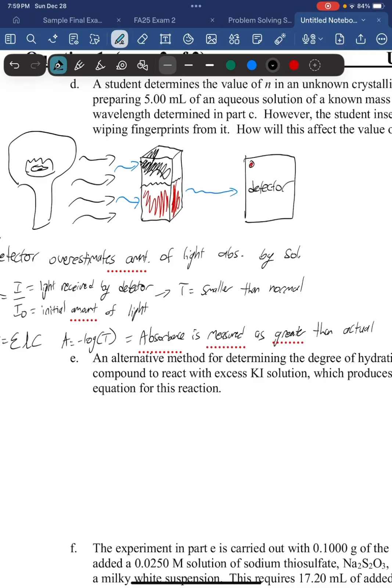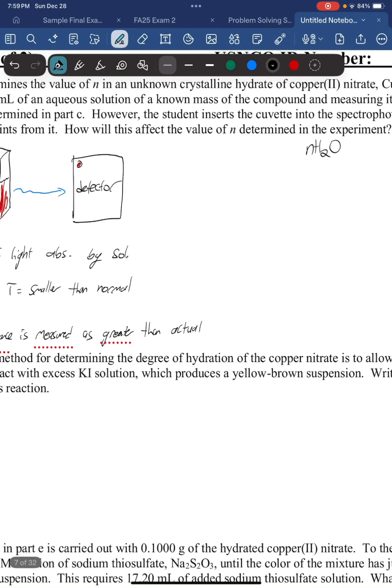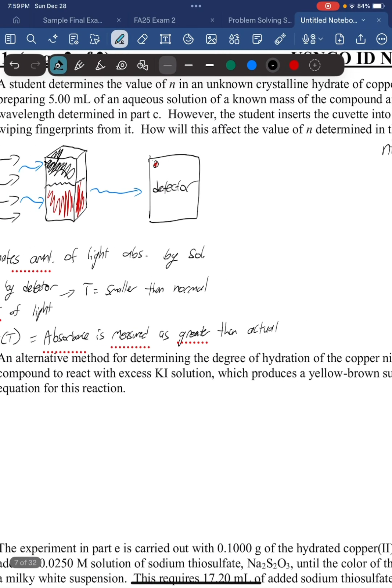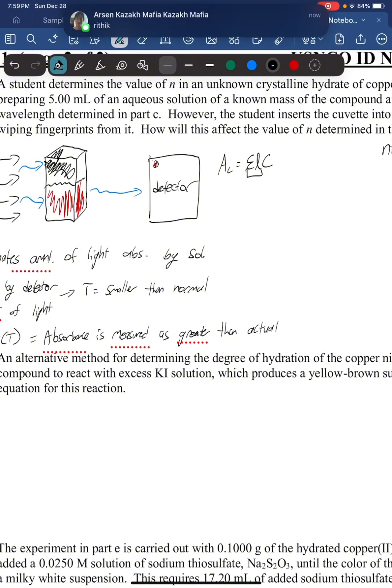So we know that our absorbance is larger than normal, so let's write A with a subscript L, just to remember that it's larger than normal, and we can set it equal to epsilon times path length times our concentration. These two don't change. We have our molar absorptivity constant, which is a constant, and our path length, which is always 1 centimeter because of the cuvette length.